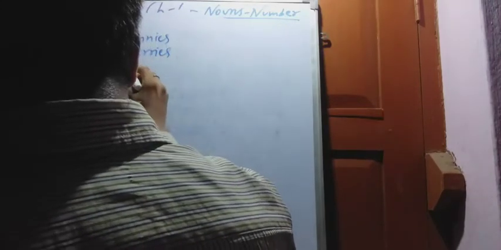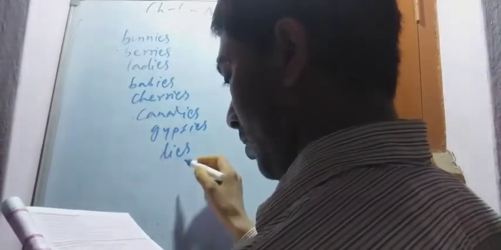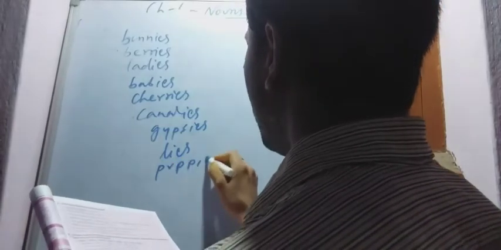All underlined words are bunnies, berries, ladies, babies, cherries, canaries, gypsies, lies, puppies, guppies, dairies, queries.